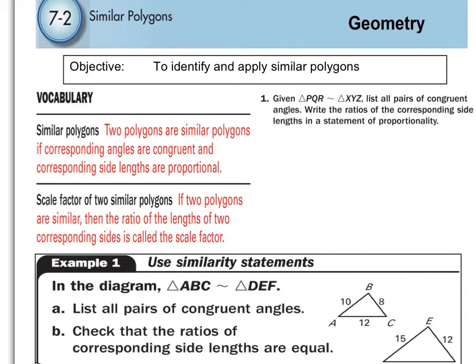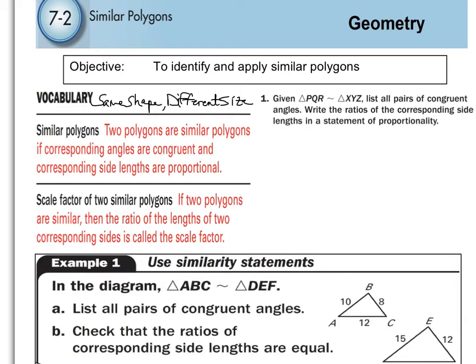Okay? So, in this case, we can add this in here. We are same shape, different size.